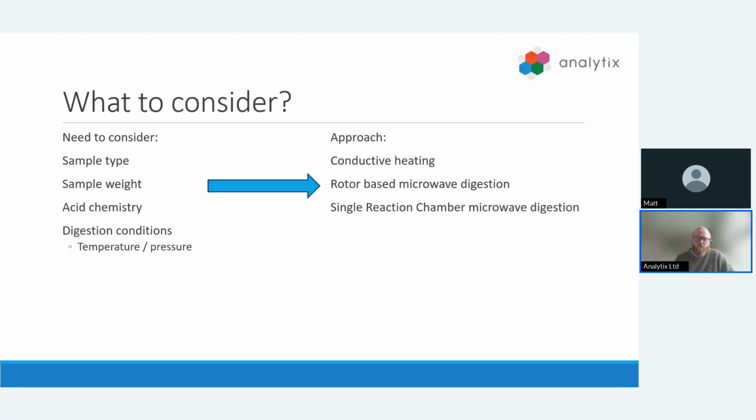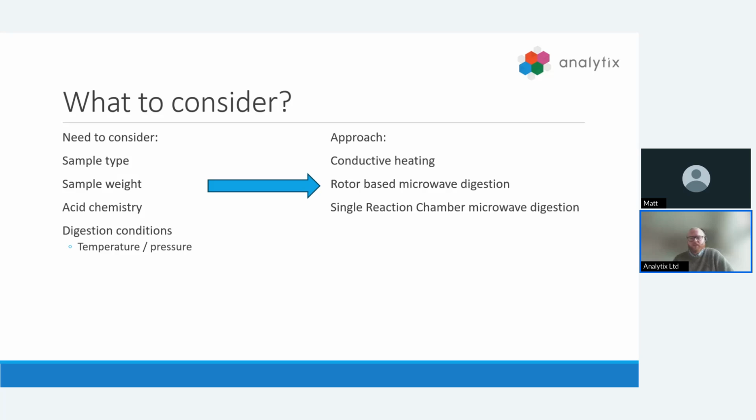The sample amount you're digesting will directly impact the maximum pressure exerted when digested, and the digestion system you're using needs to be able to handle those pressures generated. Loss of pressure can lead to loss of volatiles, generate high amounts of acid released, and sometimes is not compatible with official methods. Additionally, you need to choose appropriate acid chemistry for complete digestion.